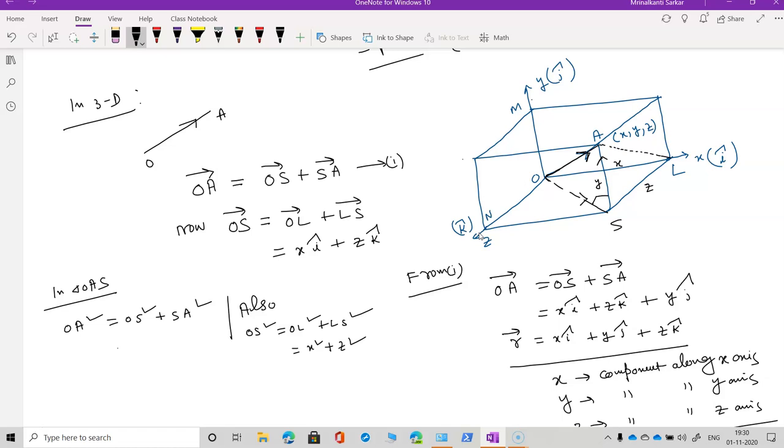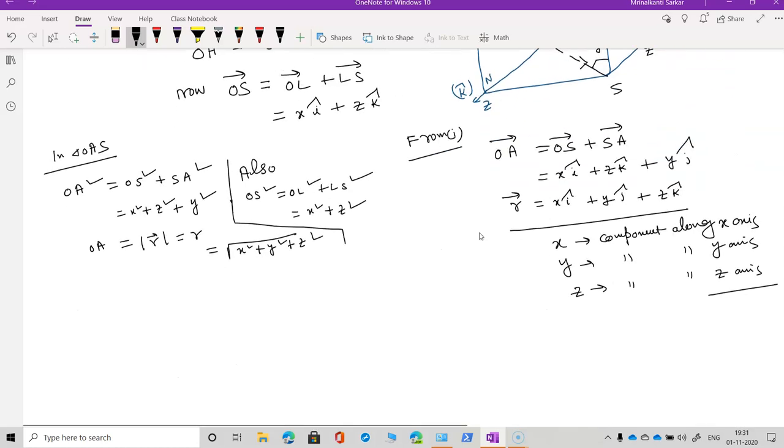So this will be x square plus z square plus SA square. SA means y. So OA or mod R or simply R is going to be under root x square plus y square plus z square, and you will remember it in this manner.